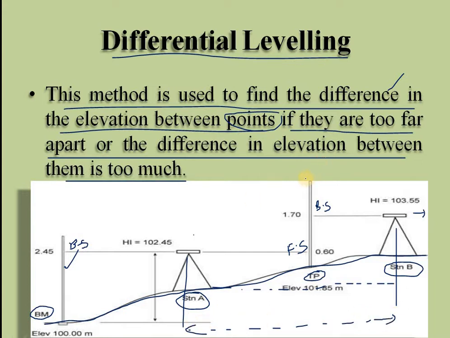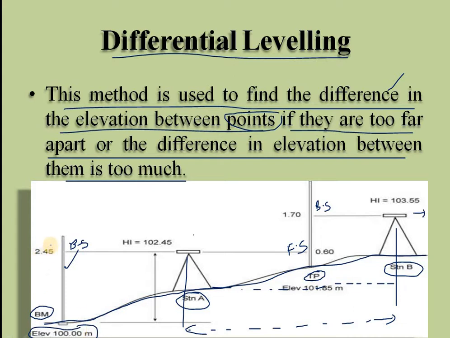So this is known as differential leveling, and you can observe the elevation also. It is a very long difference from instrument to instrument, that is, the ground level is changing.